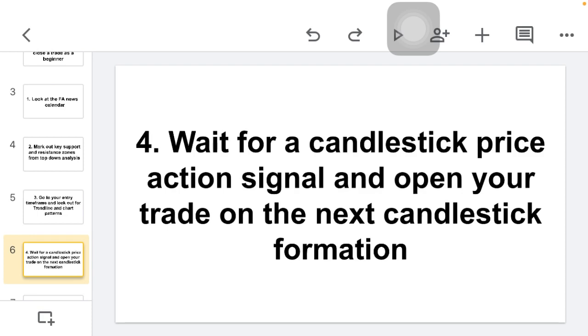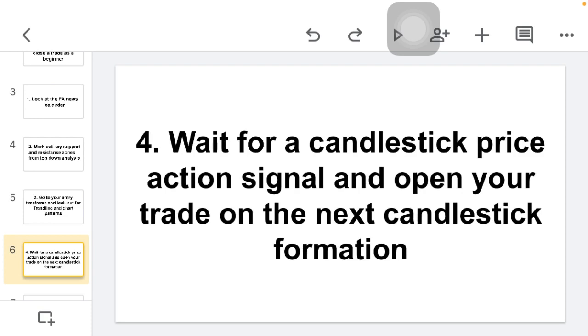It moves from a ranging market to a choppy market to a trending market to a ranging market. It can be uptrend or downtrend. So it must fulfill its formation first before you can hop into the trade.